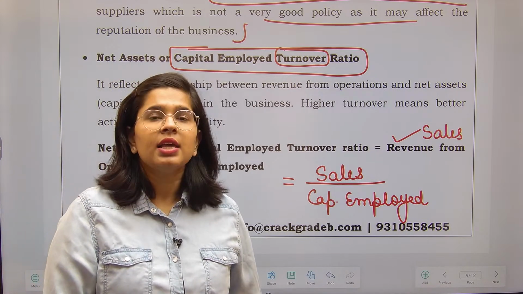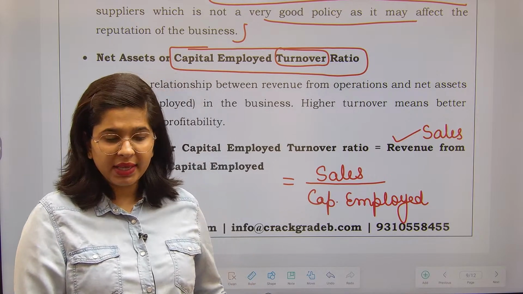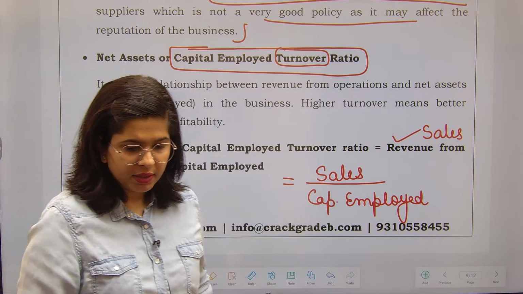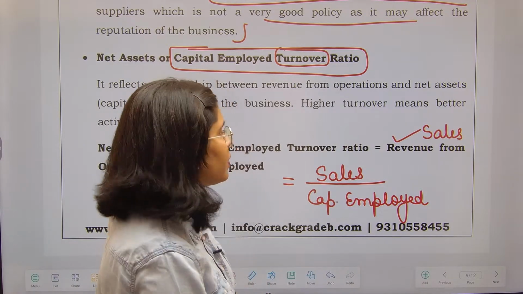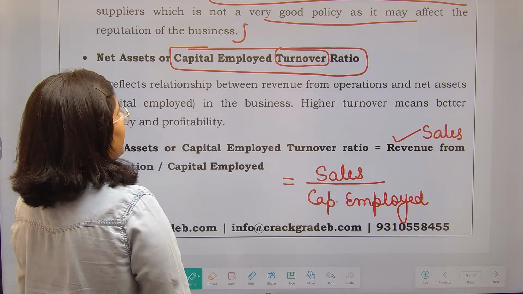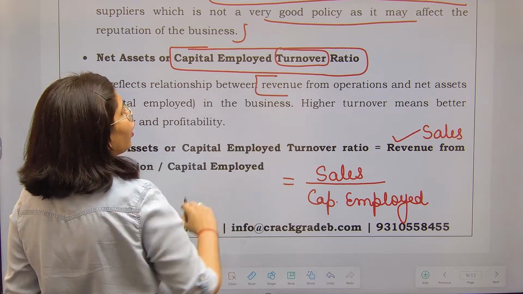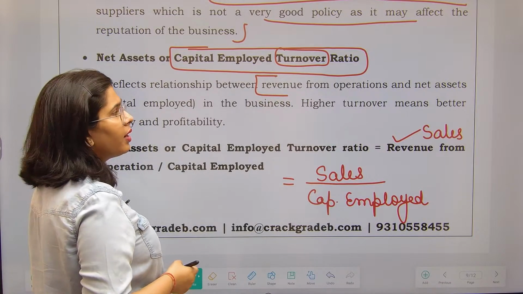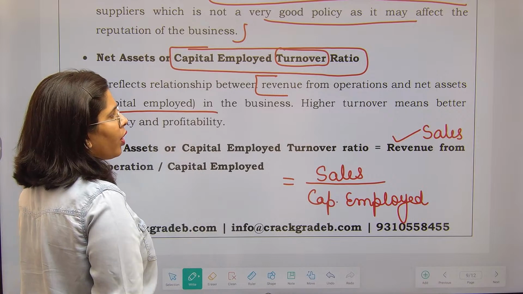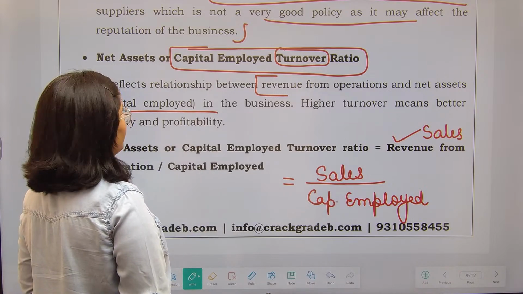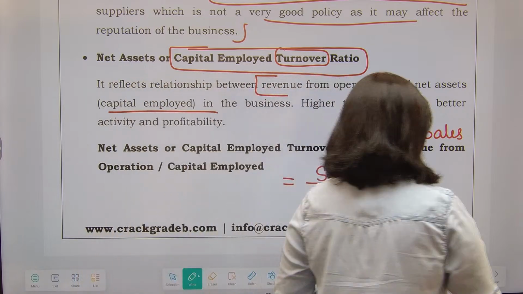Long-term liabilities plus shareholders' funds, they both together form the capital employed. So it reflects the relationship between the revenue, the amount you are earning from your business, and the net assets you have employed in the business. Higher turnover means better activity and better profitability, right?